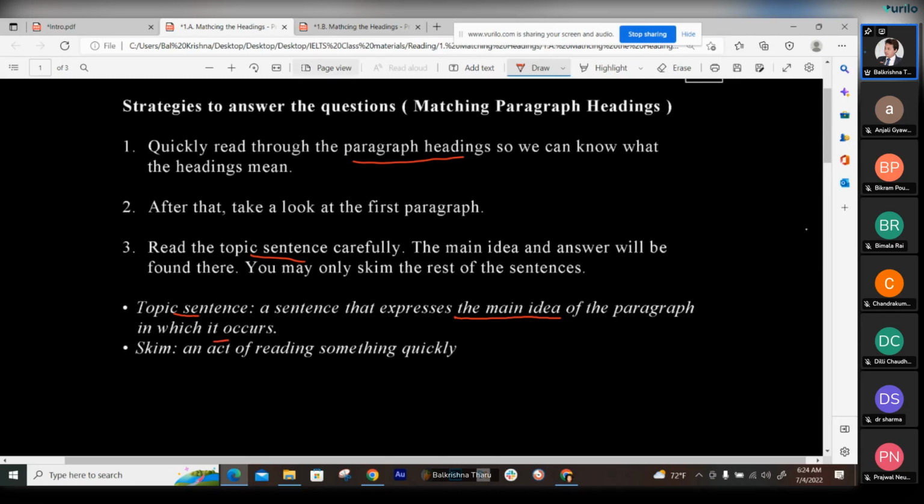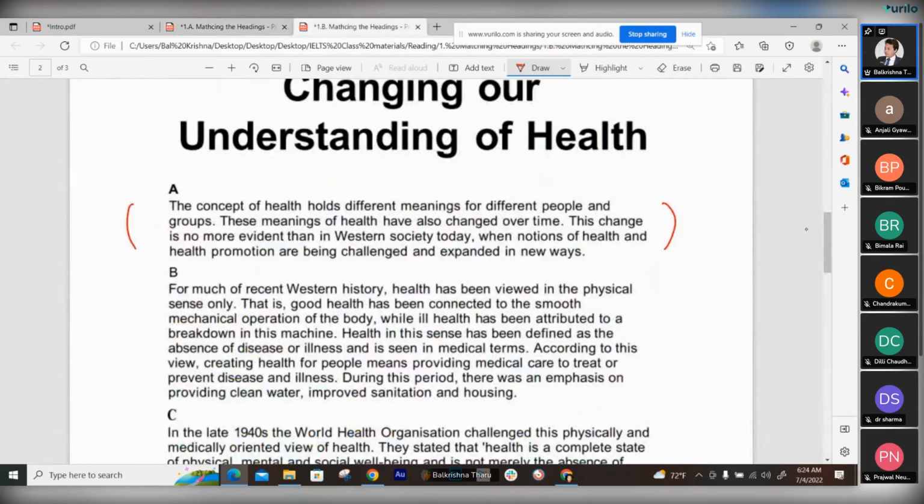Okay, so if this change is no more evident than in Western society, if this sentence holds the main idea of the paragraph, this will be considered the topic sentence.